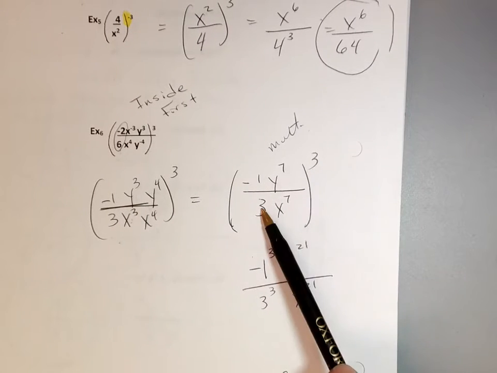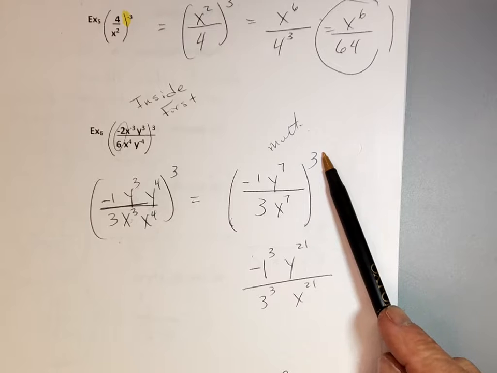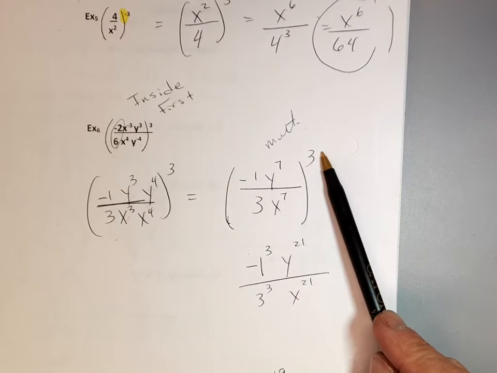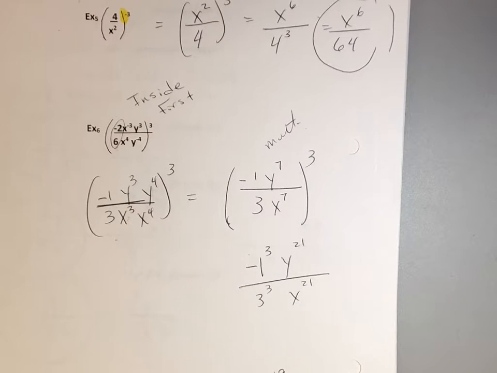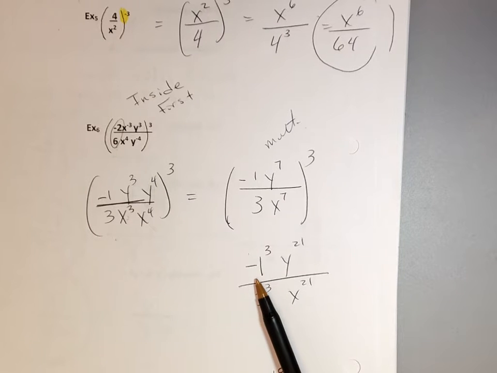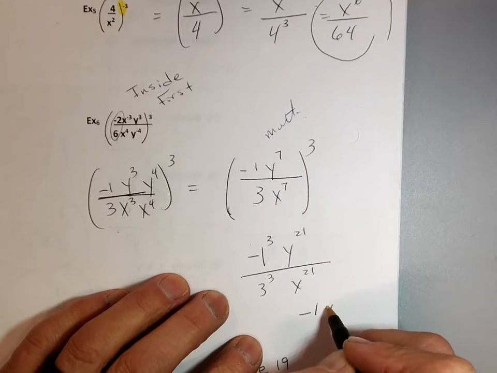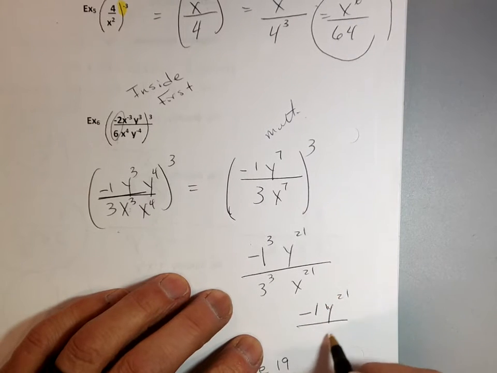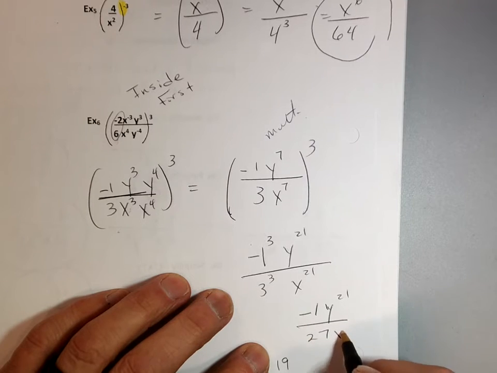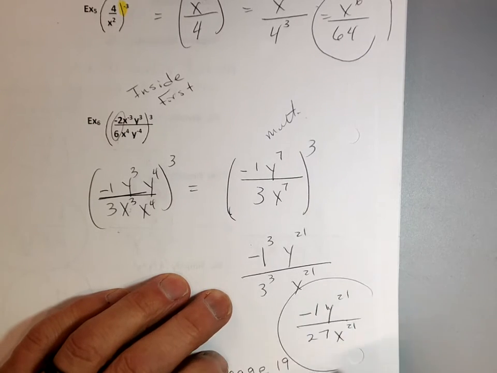Does that make sense? And this negative 1 is also going to be cubed. Well, the negative 1 is easy because negative 1 times negative 1 times negative 1 is negative 1, correct? So my answer is going to be negative 1 y to the 21 over 27 x to the 21. Okay, that's a hard one. You guys agree?